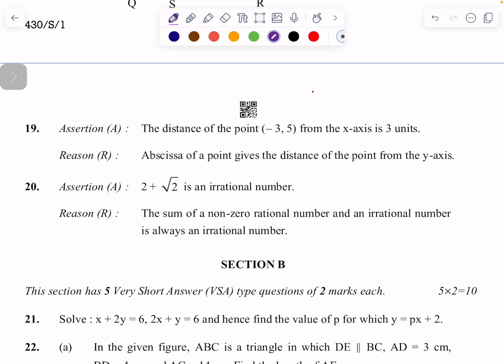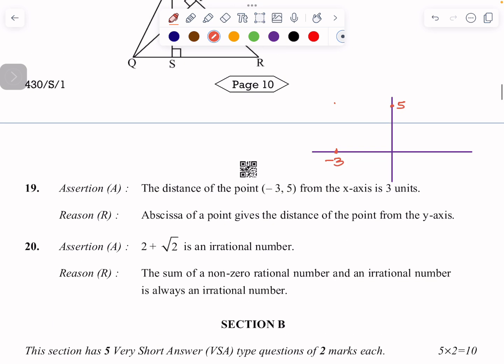Let us see, the distance of the point (minus 3, 5) from the x-axis. So this is the x-axis and this is the y-axis. Let us say this is the point on the x-axis, minus 3, and this is the point on the y-axis, that is 5.